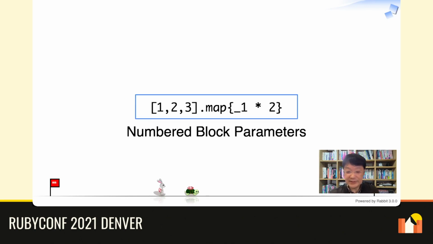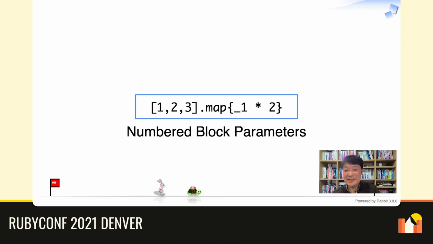Numbered parameters. This is kind of simple. The underscore 1 can be considered as the first block parameter. So 1, 2, 3 dot map, underscore 1 times 2, makes 2, 4, 6.